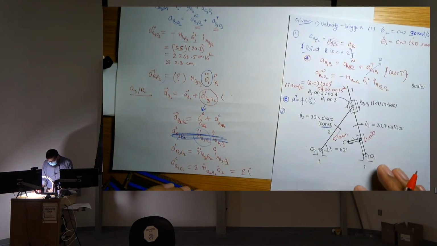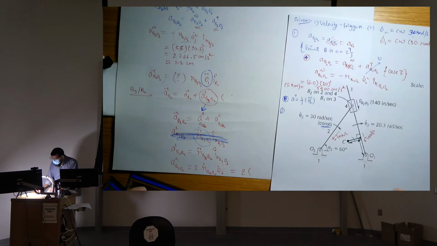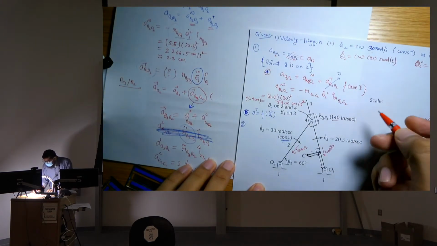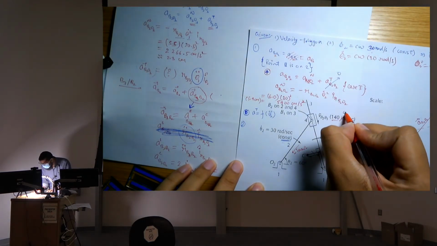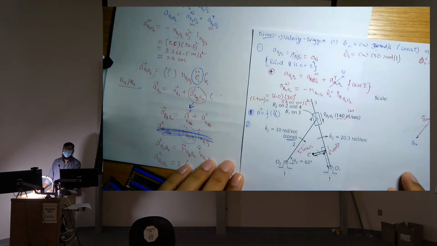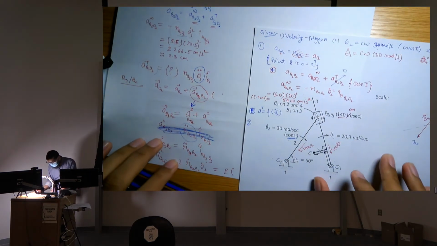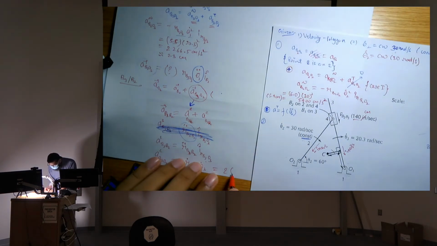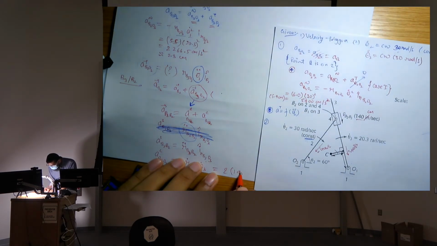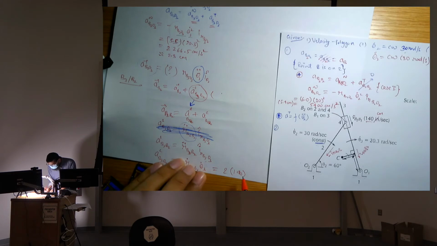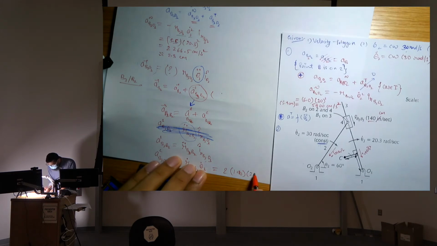So yeah, if we put in the magnitudes, we are already given. I'm just taking this inches as centimeters, because every measurement is in centimeters for me, so I just changed the units. So it would be 2, 140, and the theta 3 dot was 20.3.